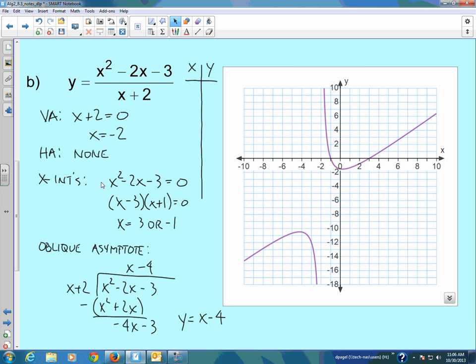And then for y equals x minus 4, where's my line going? It's going from here along that route right there, and then we bring it back on this way. So there's your slanted asymptote of y equals x minus 4, and our vertical asymptote of x equals negative 2.